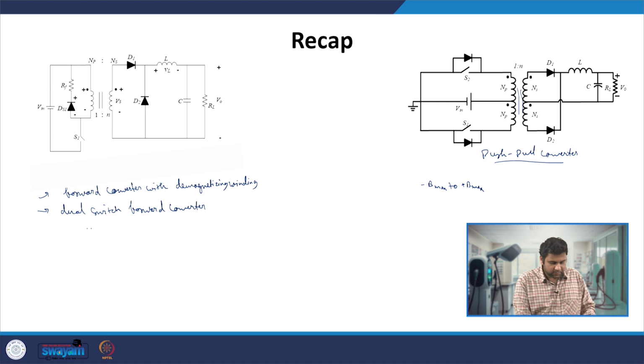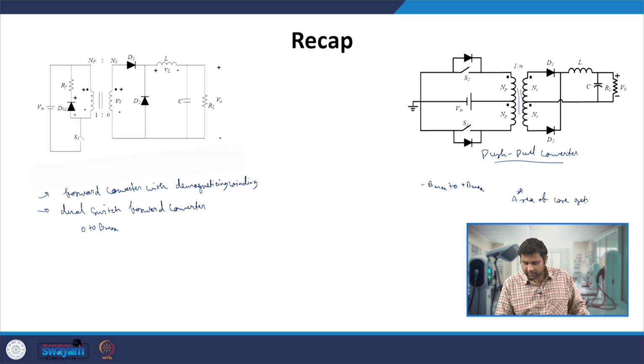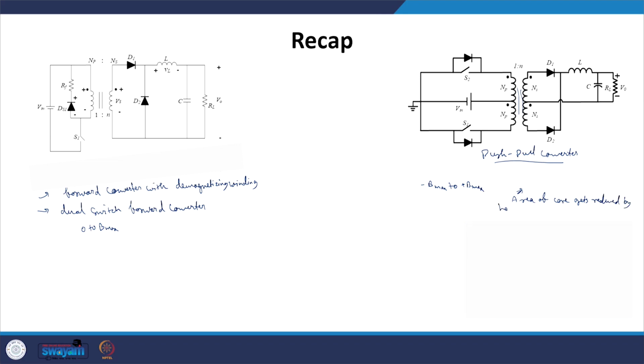Here we have only allowed it to go from 0 to B max value, while there we went from minus B max to B max, and for the same voltage, number of turns and frequency, our area of core gets reduced by half. That means we are fully utilizing the core.